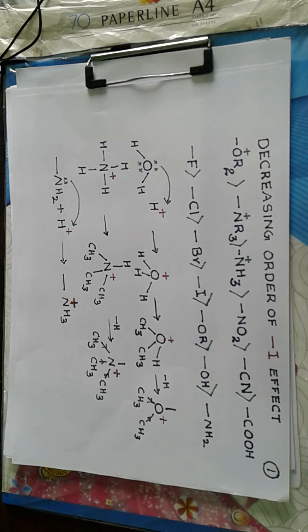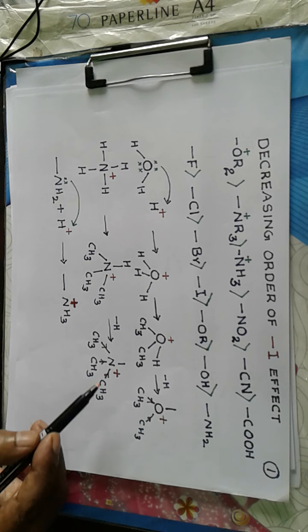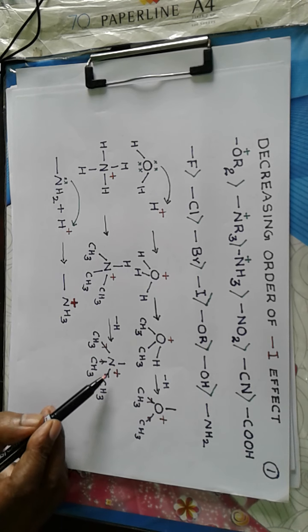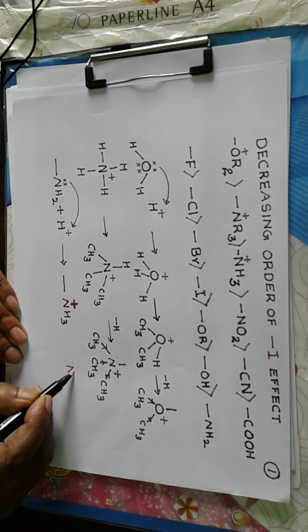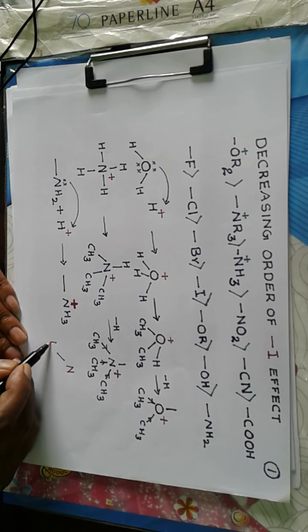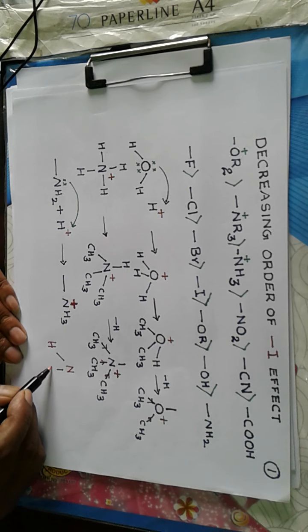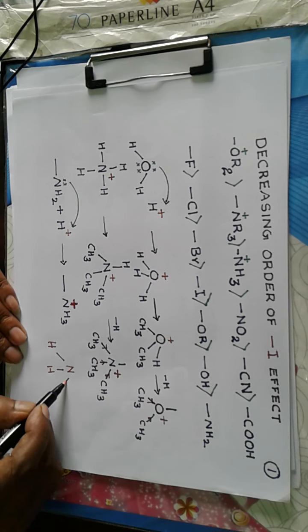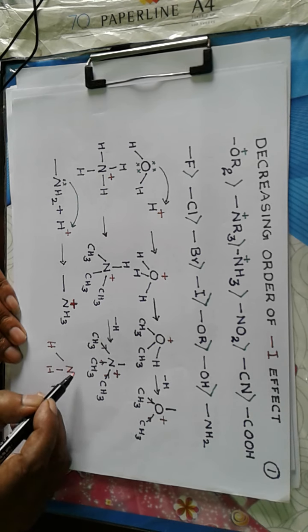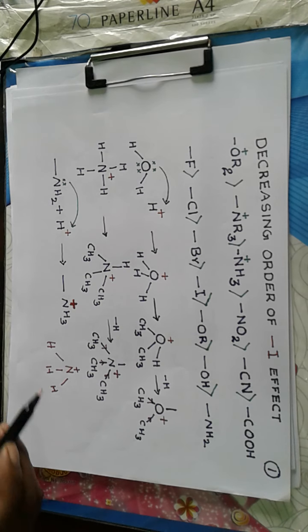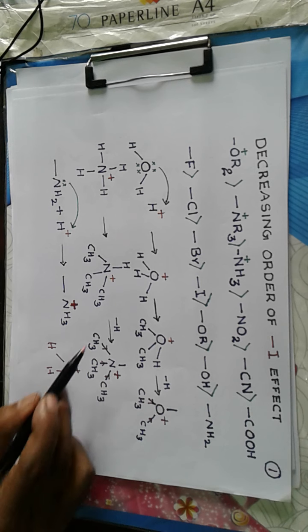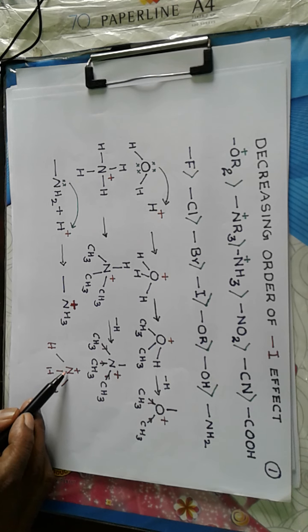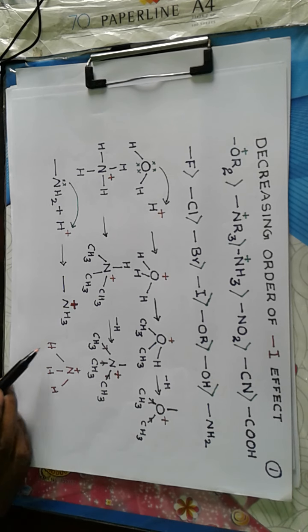Now when we come to NH3 positive, to compare N(CH3)3 positive and NH3 positive. Here the atom next to nitrogen is carbon. Here the atom next to nitrogen is hydrogen.